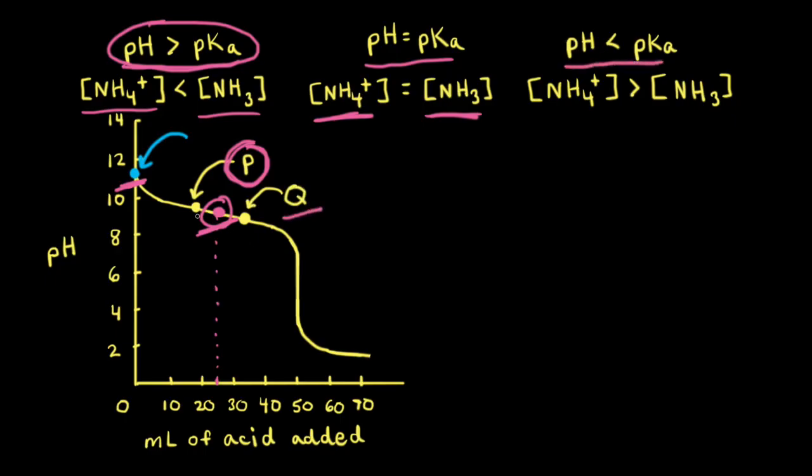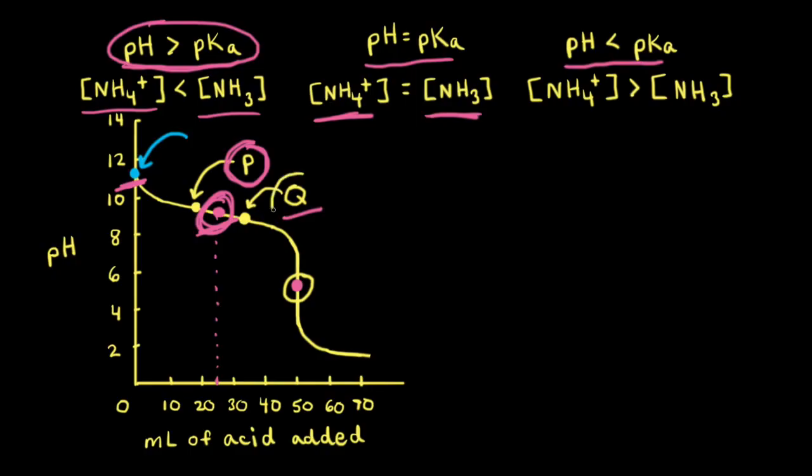Point Q is in between the half-equivalence point and the equivalence point, which is approximately here on the titration curve. Remember, at the equivalence point, all the ammonia that we started with has been converted into ammonium, NH4+.